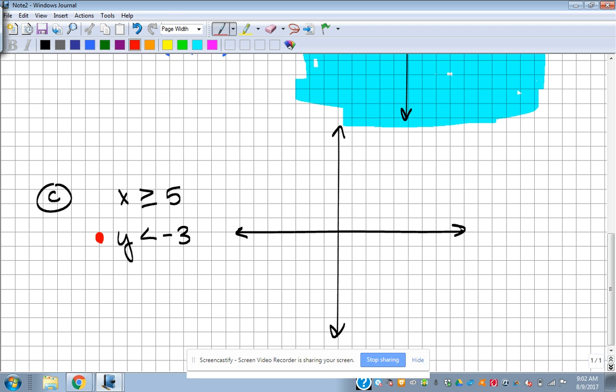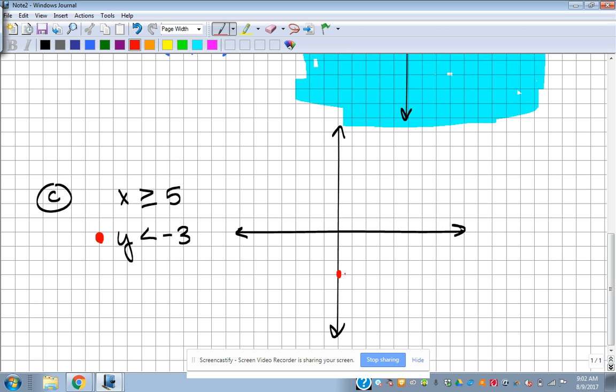What's that look like? Horizontal line, right? At what, on the y-axis? So dotted or a solid horizontal line? Dotted. Be careful, only equal to's are solids.